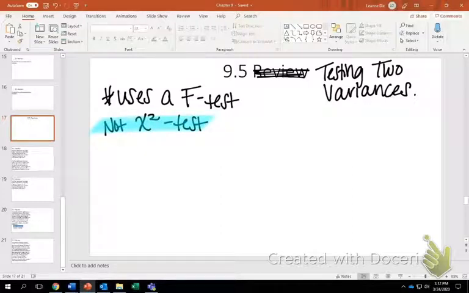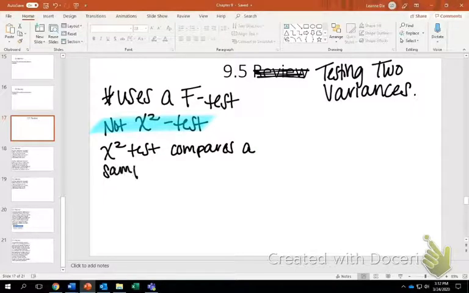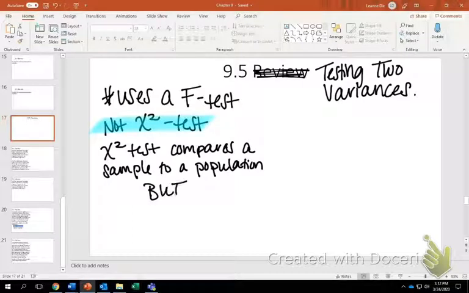Okay, and again, the reason is because a chi-squared test compares a sample to a population. Okay, but an F test, it just compares two samples.